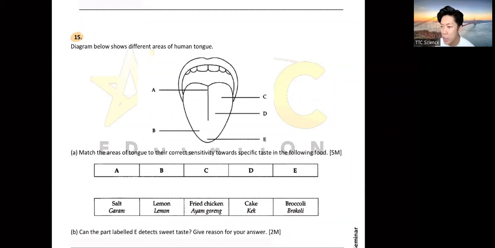Chicken and broccoli. Chicken is bitter? What? Chicken is no. Chicken is umami. Fried chicken. It's very yum yum. Tasty. Umami. So that means broccoli is bitter.